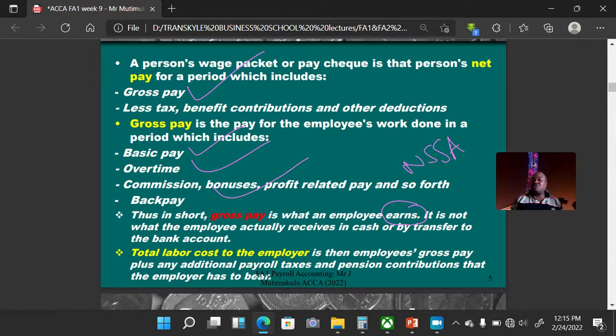You may have a separate authority in your particular country, it doesn't matter, but at the end of the day, this is what happens when it comes to these deductions from pay. They are usually obligatory. The pension contributions in many jurisdictions are obligatory. Employers have to contribute on behalf of their employees, while these employees also contribute to their pensions.